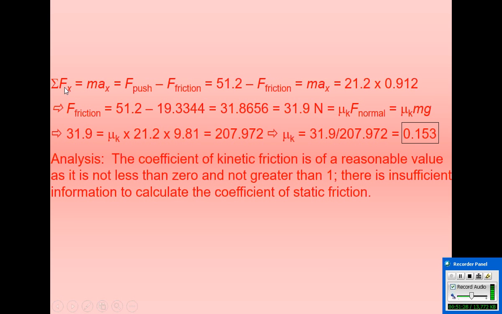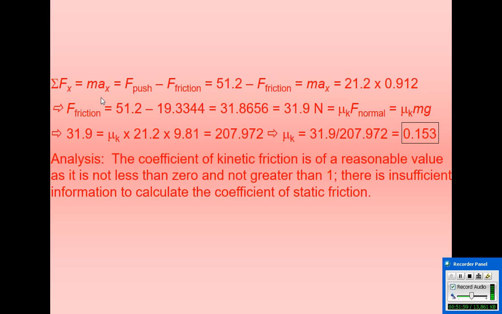Now we jump to the x-axis stuff. And again, because things are either perfectly vertical or perfectly horizontal, we can cut to the chase. For x-axis stuff, in these circumstances, we can say stuff pointing to the right minus stuff pointing to the left. The pushing force is to the right, the frictional force is to the left, so I can say the pushing force minus the frictional force.